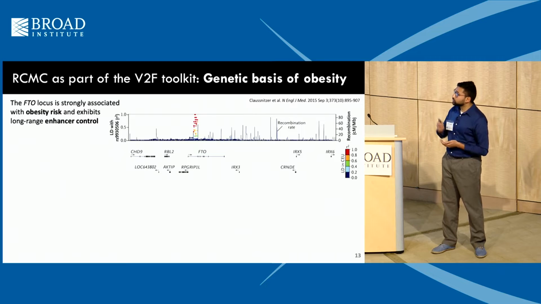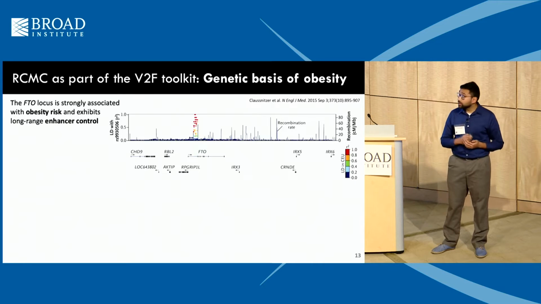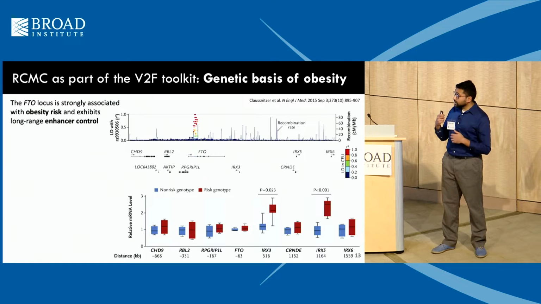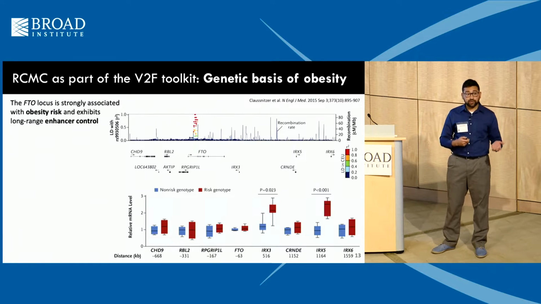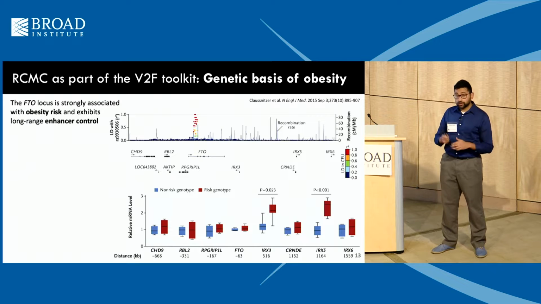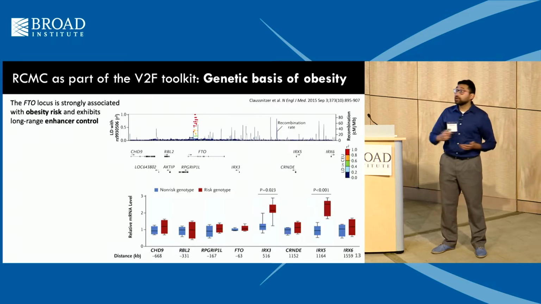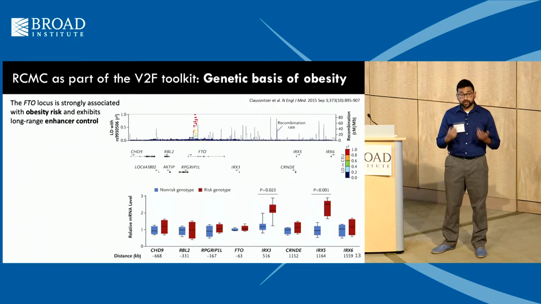like RBL2 or AKTIP. But interestingly, prior studies have found that the difference between the non-risk genotype and the risk genotype in terms of mRNA expression primarily manifests at 2 different genes further away from the FTO intron where this variant exists.